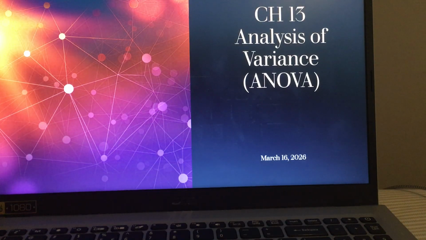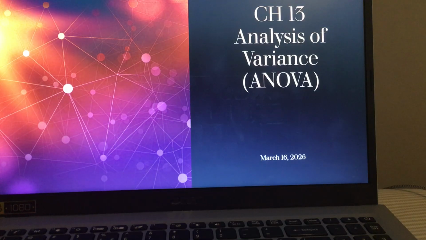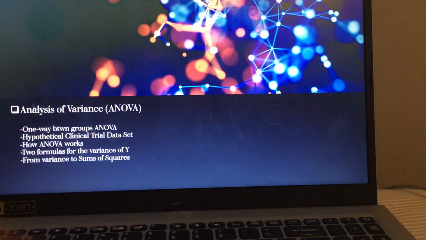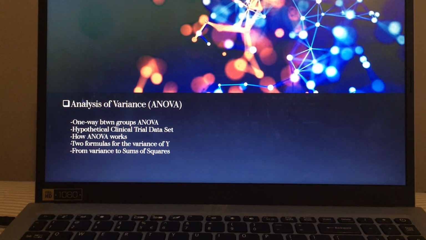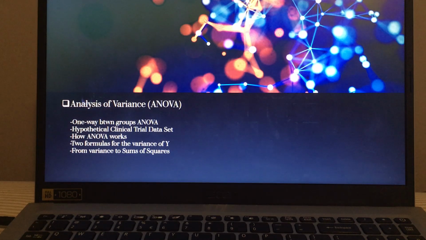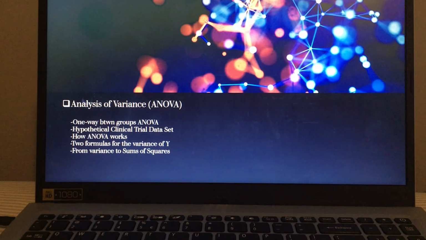We're in section 13.1, and so we have our analysis of variance, and then we're going to talk about our hypothetical clinical trial data set. All right, so suppose that you've become involved in a clinical trial in which you are testing a new antidepressant drug that's called joyzepam.